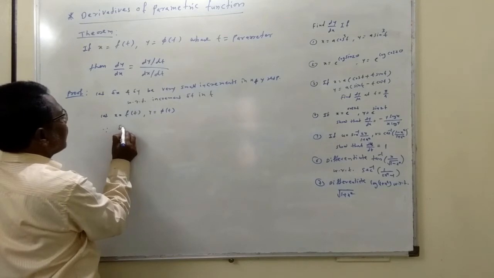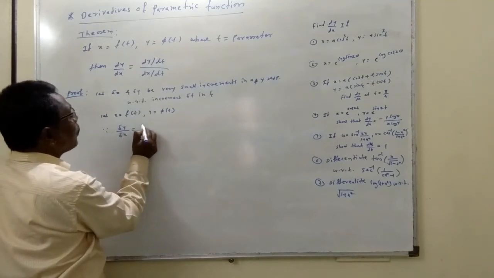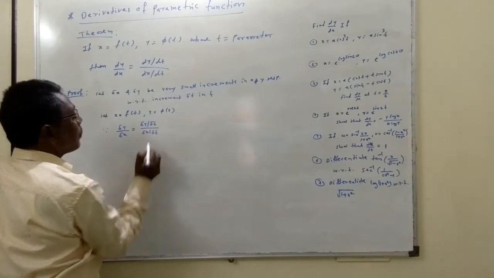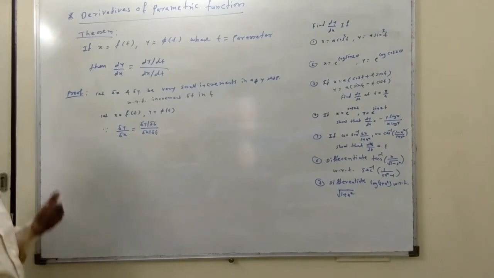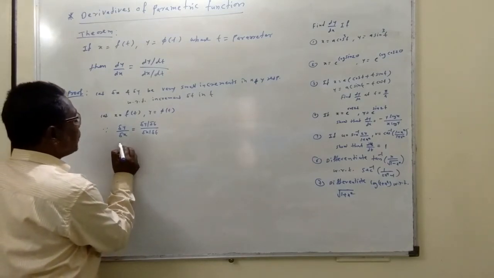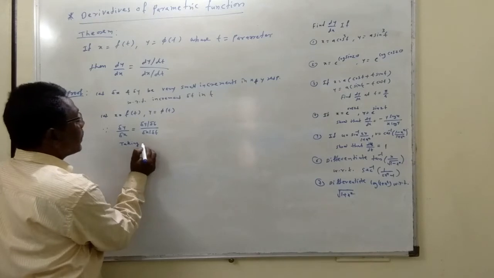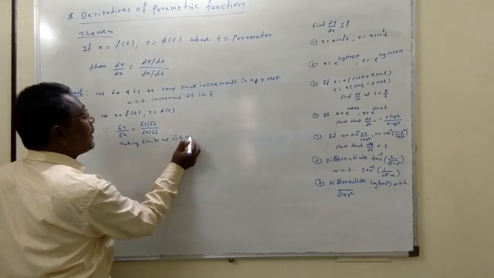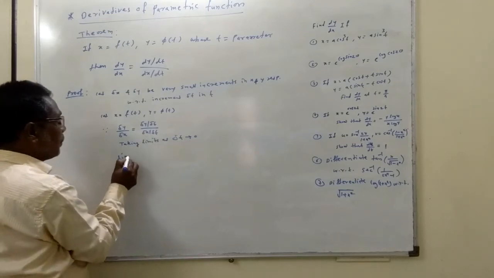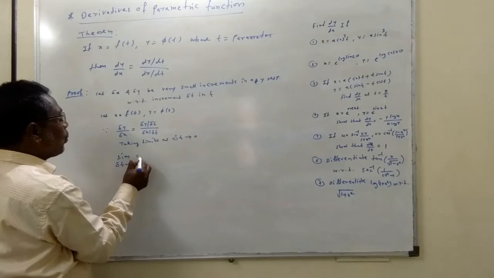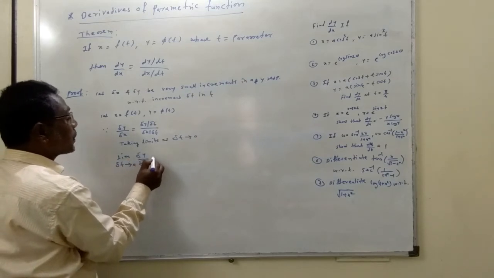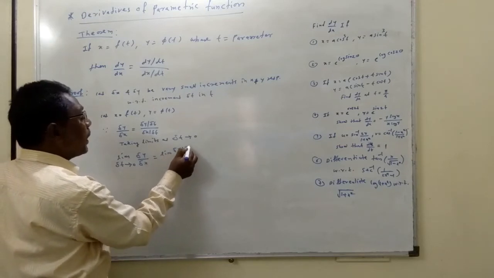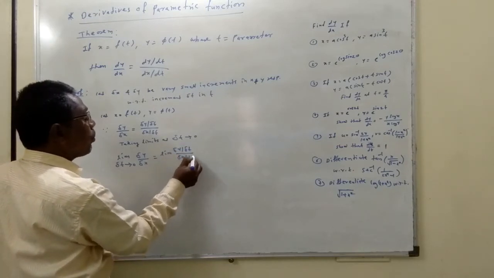Now delta y upon delta x is equal to, you can write, delta y upon delta t divided by delta x upon delta t. We have divided numerator and denominator by delta t. Now you take the limits. So taking limits as delta t tends to 0, the limit of delta y upon delta x is equal to the limit of delta y upon delta t divided by delta x upon delta t.